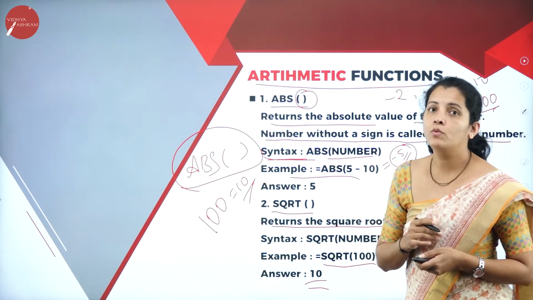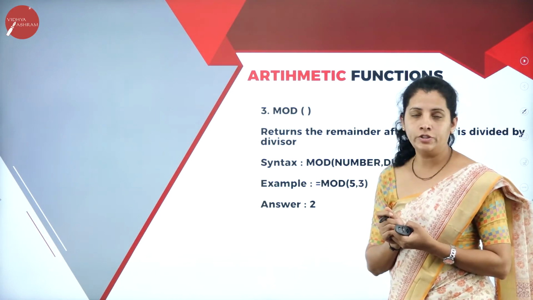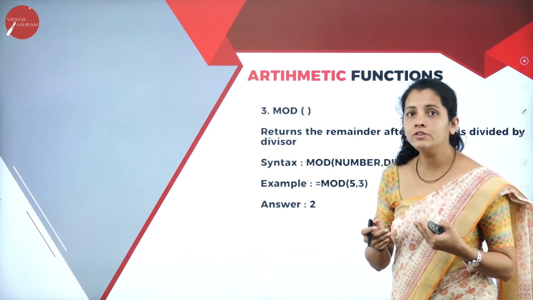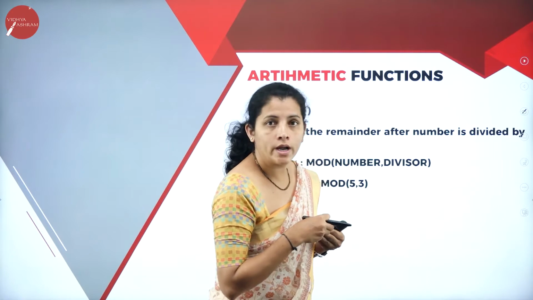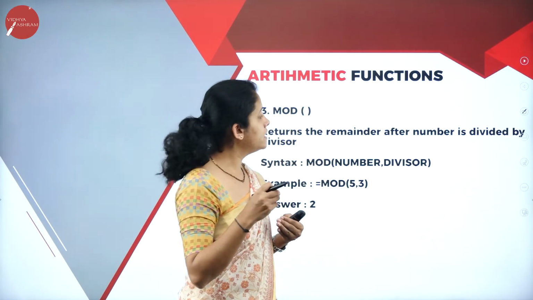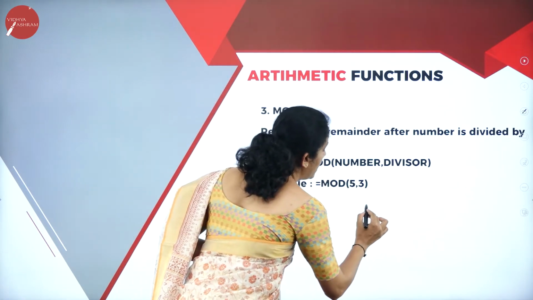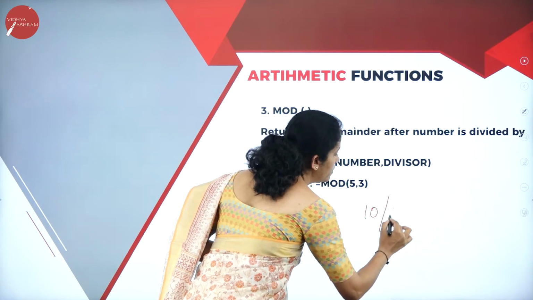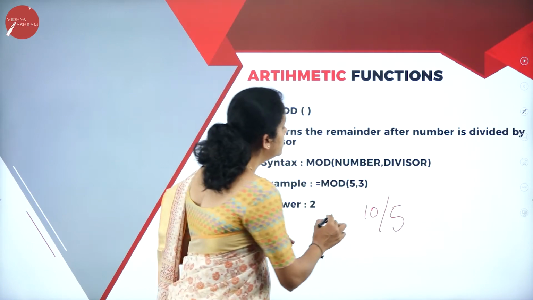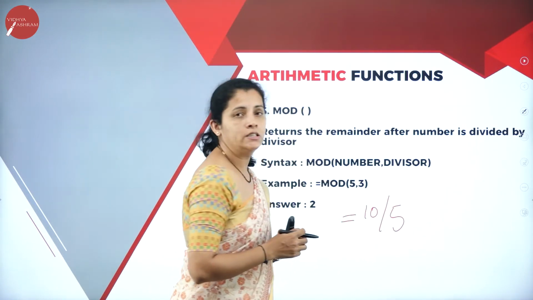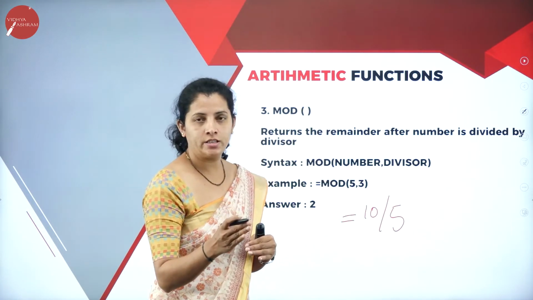Moving further, I'm going to have the mod function. So what is the mod function? Why do we require it? Consider the example that I have 10 and 5. Now, what does the division operation return? It returns the quotient.